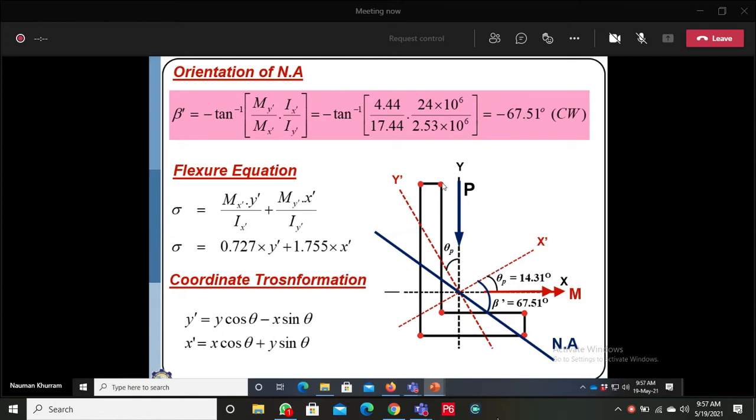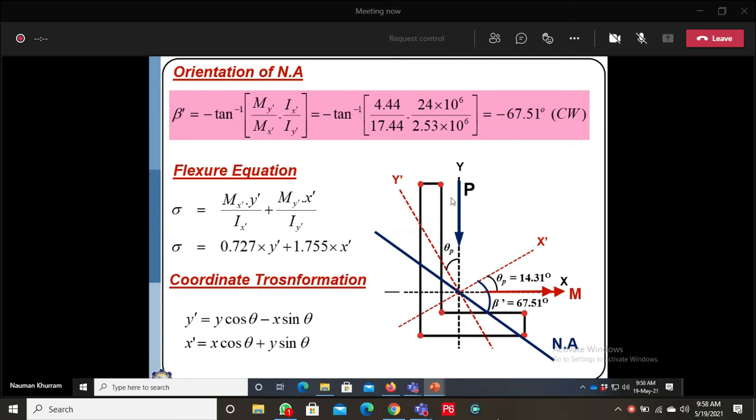The y bar value is measured parallel to the y principal axis, or from the x principal axis. And the x bar value will be the coordinate of this point in the x bar direction, along the x principal axis, or from the y principal axis. So we need to determine these.